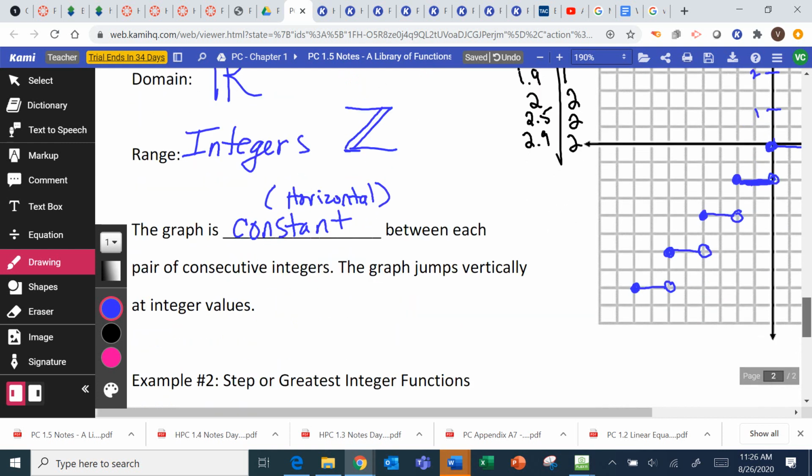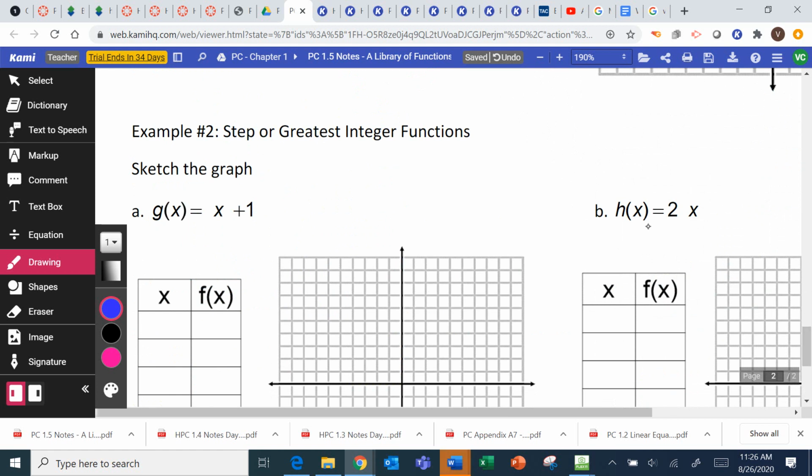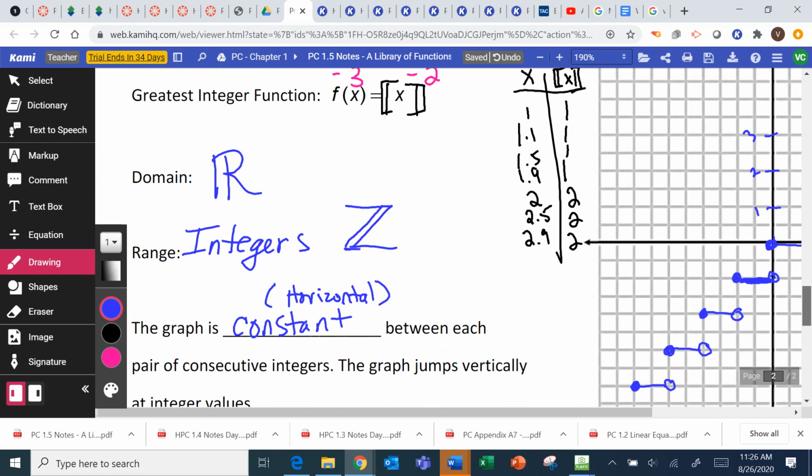All right, so let's try this one here. Oh gosh, pretty sure it's this. And then this one over here has the space, because I'm pretty sure that's where the thing should have been. So sketch the graph. For this one, if we use the parent function, we could even use my table.